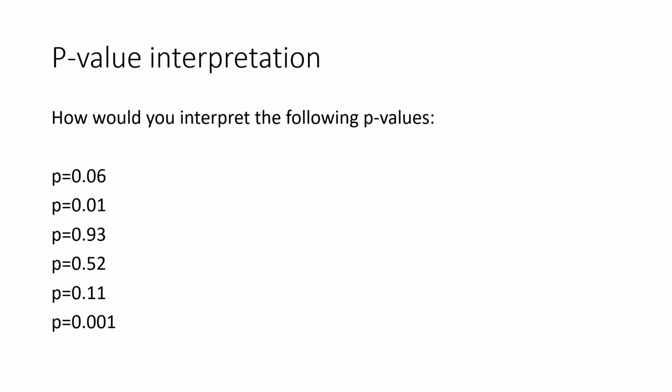But the last p-value is very, very low. So clearly it's strongly statistically significant. It's very much below 0.05. And if we were to convert this into a number, multiply 0.001 by 100, then we would say that there's only a 0.1% chance of making a mistake if we were to generalize from the sample to the population.